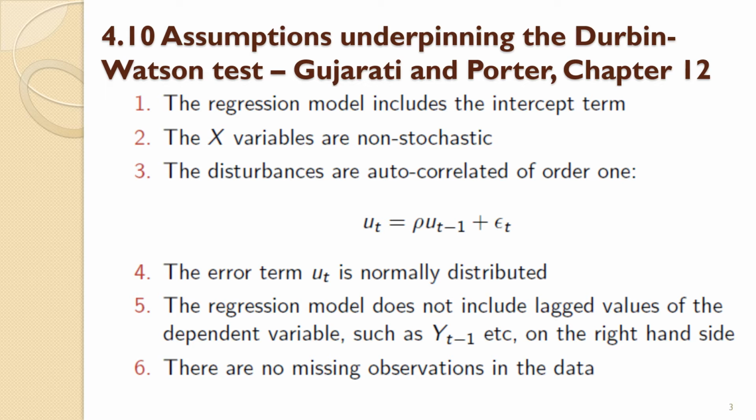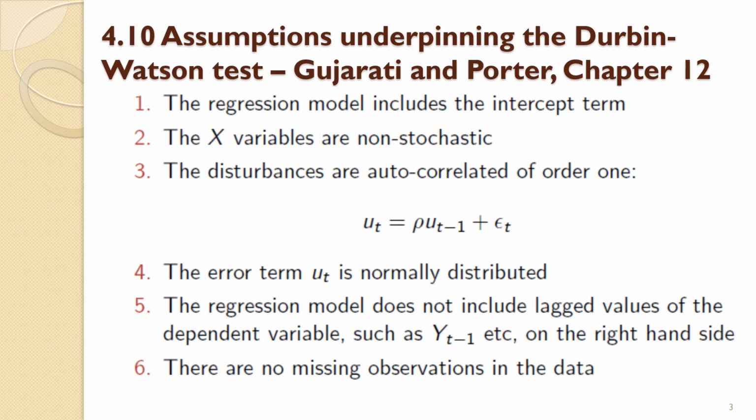So there are a number of classical assumptions that underpin this Durbin-Watson test. These are discussed in this chapter here in Gujarati and Porter. The idea is that the regression model includes a constant intercept term, and the x variables are non-stochastic. The assumption is that the residual terms in the regression are autocorrelated of order 1.